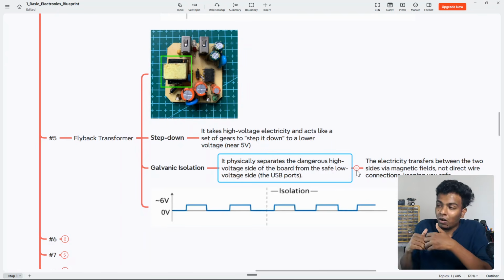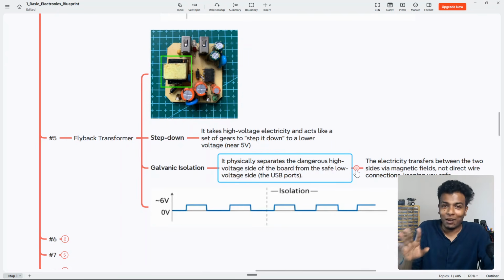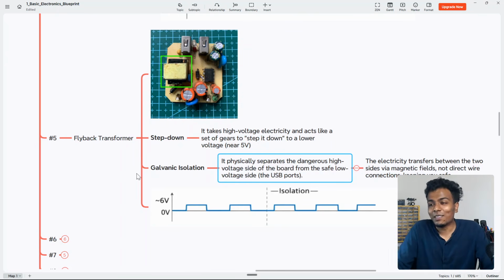It separates the high voltage side and low voltage side completely. There should be no connection between the high voltage and low voltage categories. It should be completely separated. Okay, we have the magnetic field. That's what the transformer is all about. Don't worry, we are going to learn everything in depth. So galvanic isolation is where it separates the high voltages and low voltages.